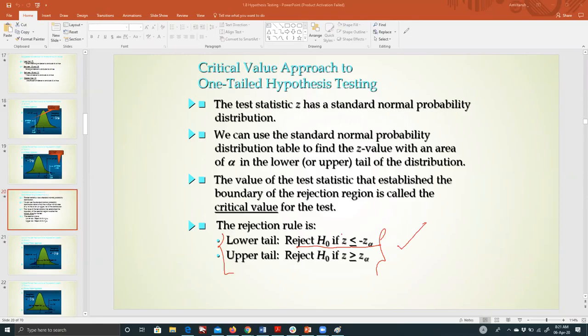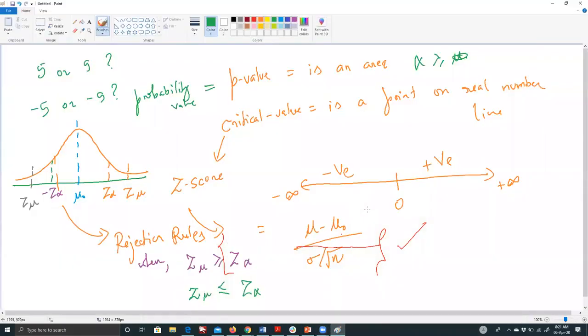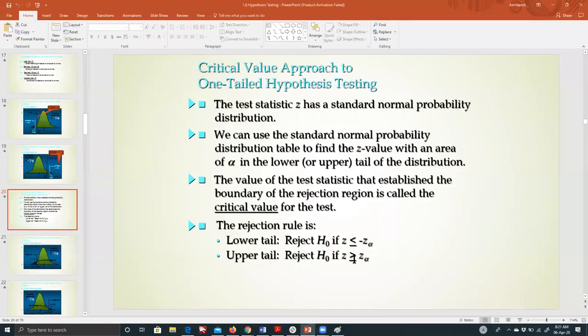Can you please switch back to the drawing that you had? One sec. Okay, thank you. Please note down both of the rules. It would be really handy for you.